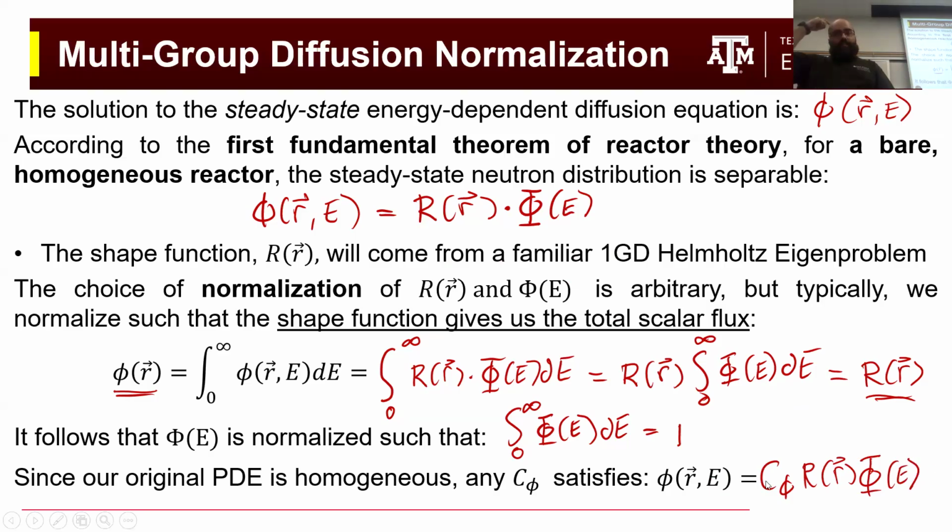And that flux magnitude you would find from something else. Just like in the one group diffusion equation, you could find it from the power, or from some other quantity like a leakage rate or an absorption rate. But this is just a by definition thing that is going to be helpful for us to keep in mind as we move forward.